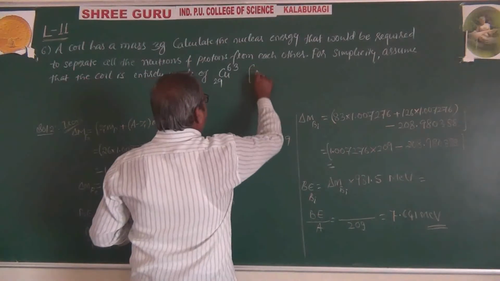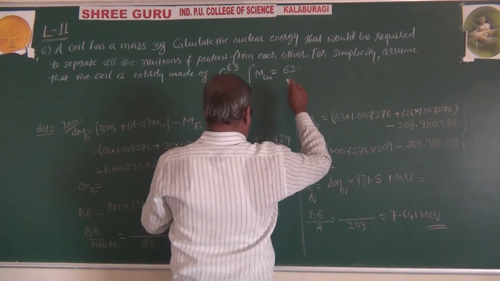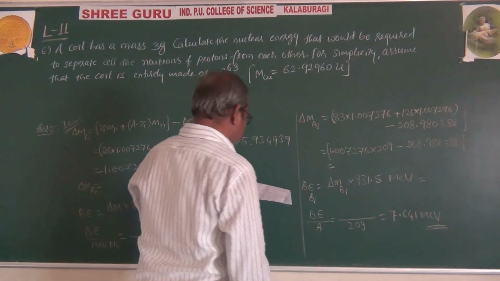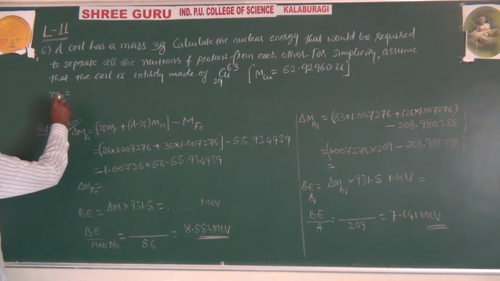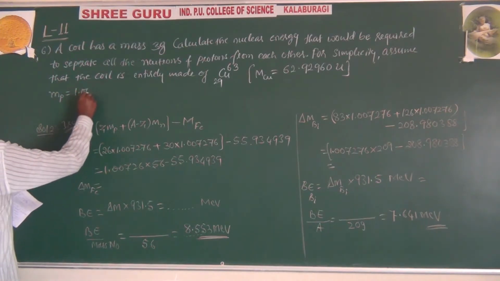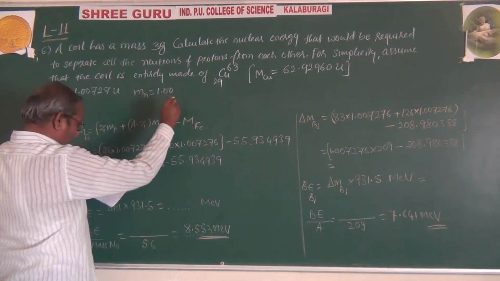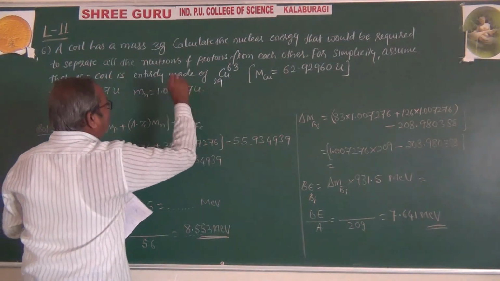Here the mass of copper is equal to 62.9296 U. And you have to take the mass of proton 1.00727 U. Mass of neutron is 1.00867 U. These values will be given.